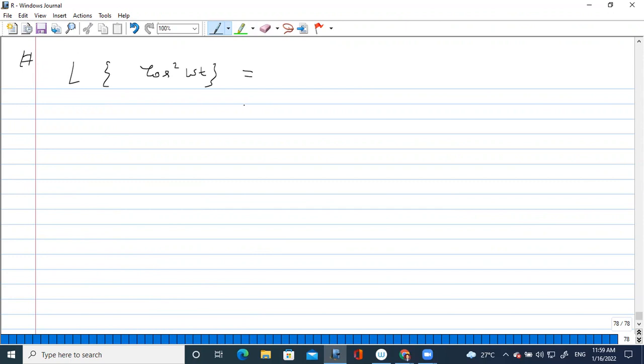Okay, you solve this problem. Find out Laplace of cos square omega t.